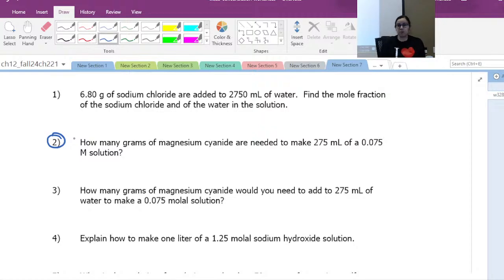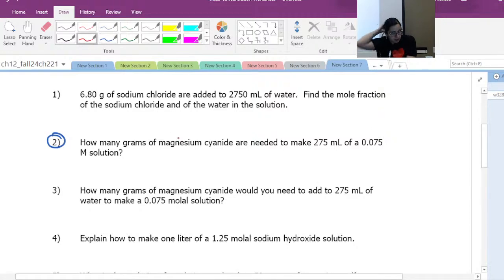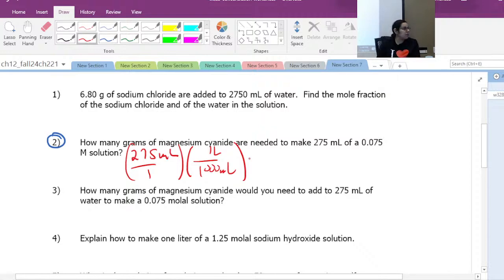So how's our problem looking? So how do we get moles of magnesium cyanide? So milliliters to liters. Excellent. So 275 milliliters, 1 liter, 1,000. All right, and then we can probably multiply by our molarity.